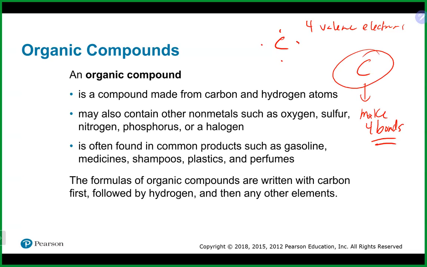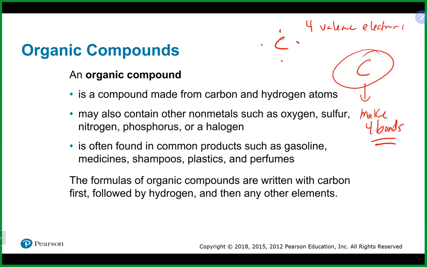It should never ever have more than 4 bonds, and I say that because commonly when people start drawing organic compounds, they like to keep drawing lines until they're out of lines, and then maybe they put dots on it as well. But again, it can only have 8 valence electrons, the octet rule, so only 4 lines.